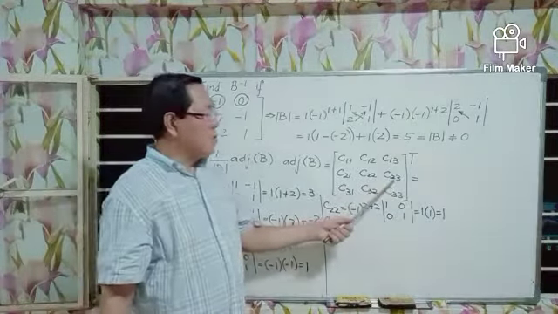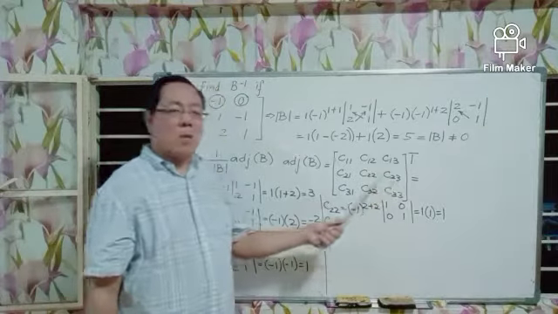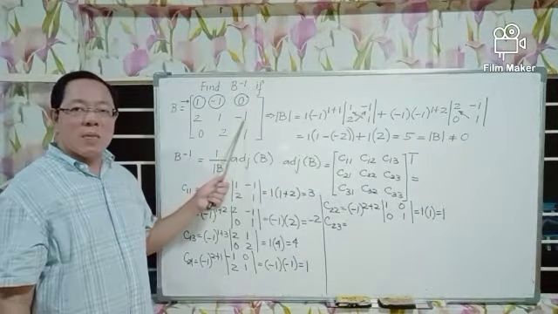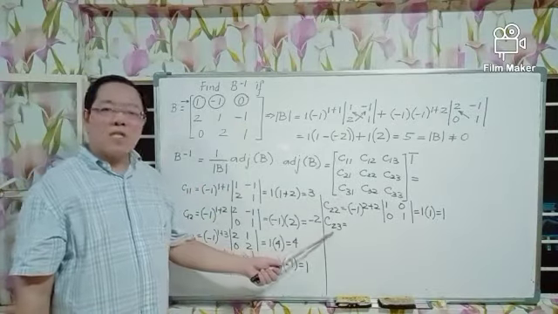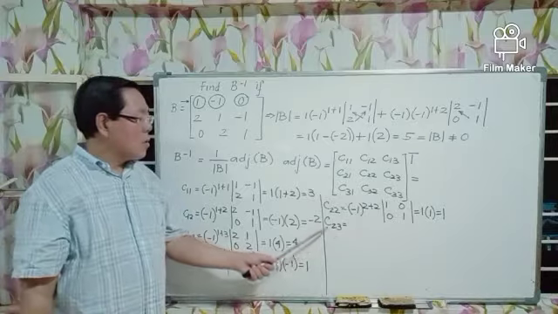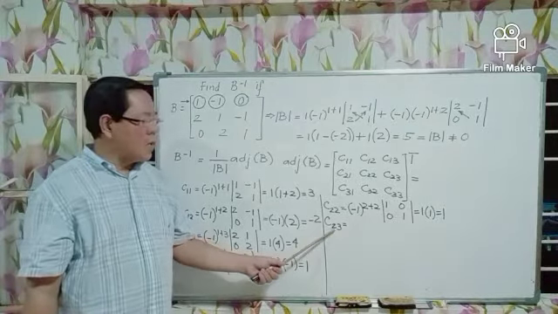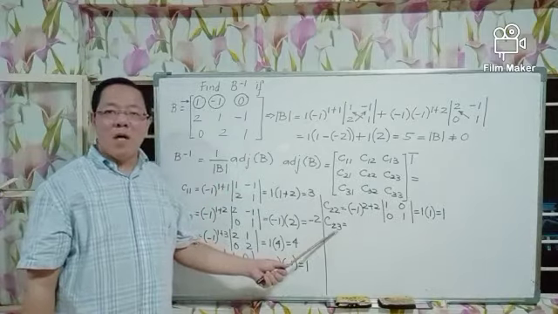Now, the cofactor of the element of B in the second row and third column, and that element is negative 1. And the cofactor of negative 1 denoted by C sub 23 is given by negative 1 raised to 2 plus 3. The row number of minus 1 plus the column number of minus 1.